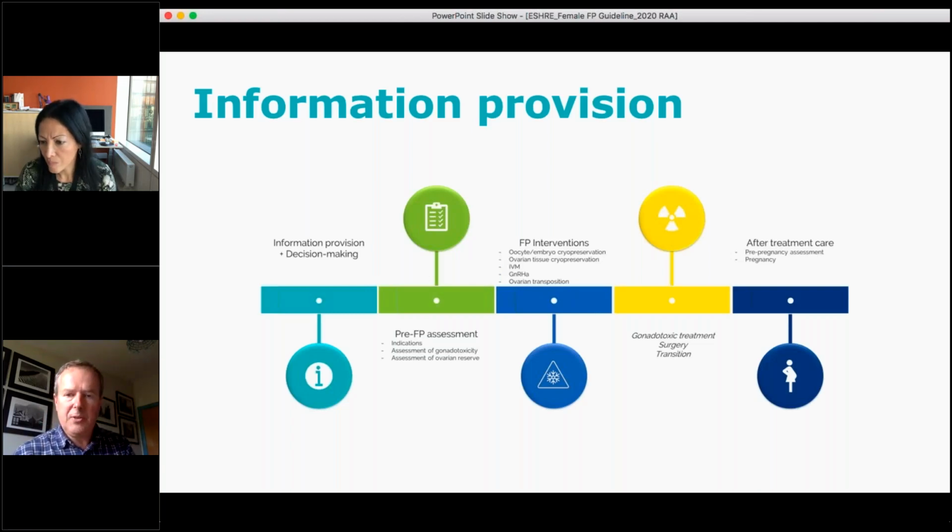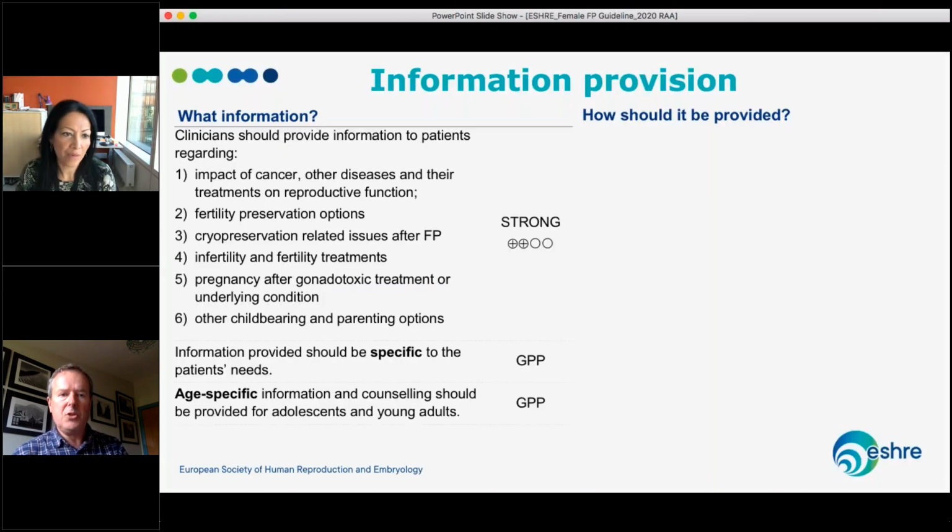The first thing, of course, is providing information to the patients and helping them make a decision as to whether or not they wish to go down this pathway, and if they do, how they wish to do that. So we had a number of recommendations on this, some of which were strong, and fairly self-evident. The patients should have information regarding the impact of their condition and the treatment on their future reproductive function.